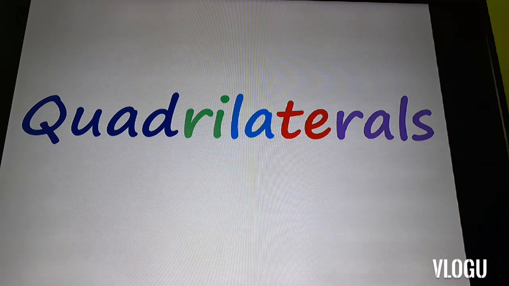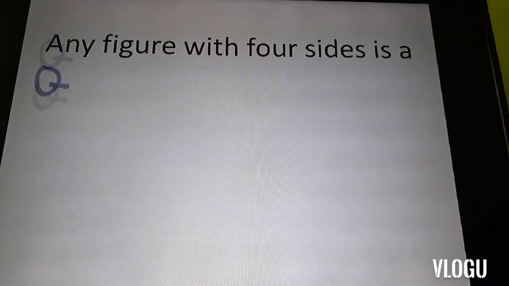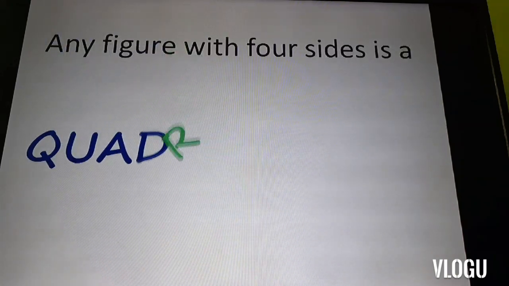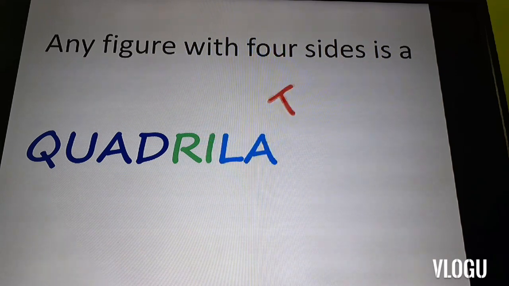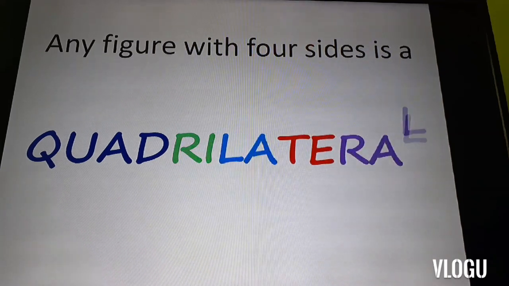And if it would happen, that is a quadrilateral. So, kung babalikan ko, according to the definitions, any figure with four sides is a quadrilateral. An example of a quadrilateral is a rhombus, a trapezoid, a rectangle, a square, and a parallelogram.